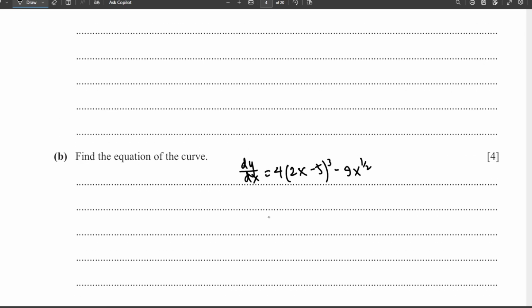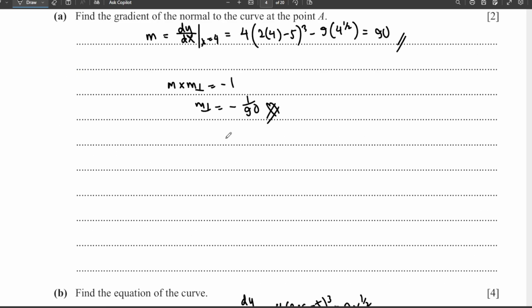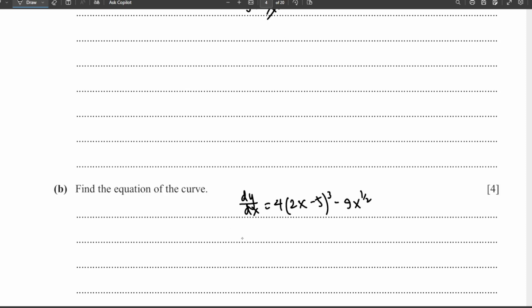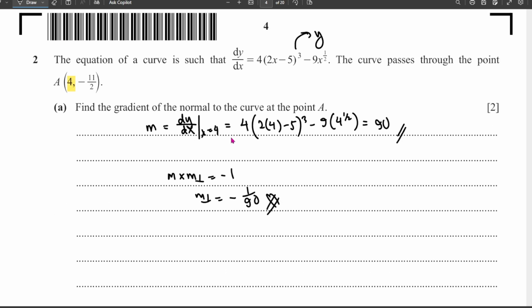This will be a separable differential equation. On the left hand side we'll just have dy, and on the right hand side we can see that all the variables are in terms of x. So we can separate the variables here, with dx on one side and dy on the other side, and we can integrate.